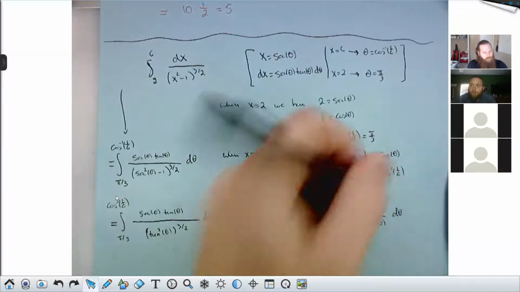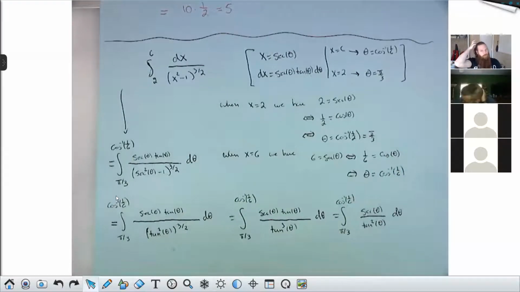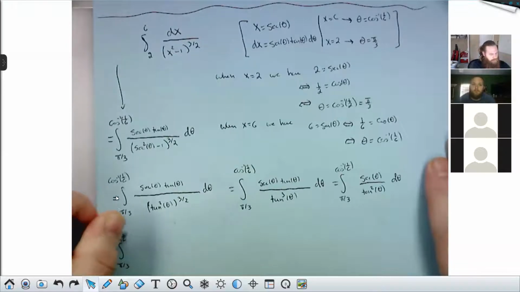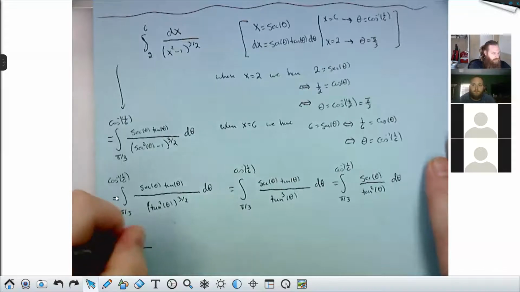And I would look for a second at this stage to see if I see an obvious U substitution or anything nice. I don't, at least not immediately. So I start thinking, okay, let's rewrite as sines and cosines. From here, secant is 1 over cosine.